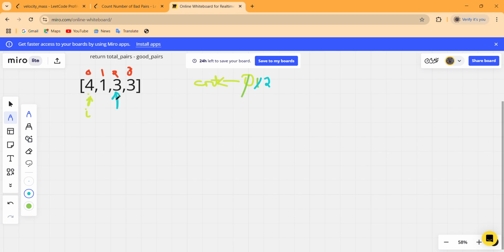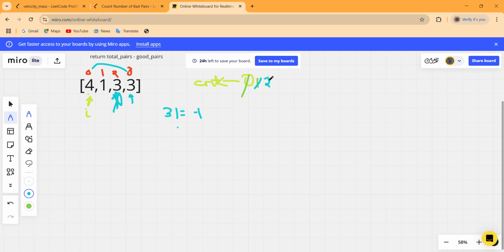j is now incremented and goes to this here. The difference between indices is 3 minus 0, that is 3. And if this 3 is not equal to nums of j, that means 3 minus 4, that is minus 1.